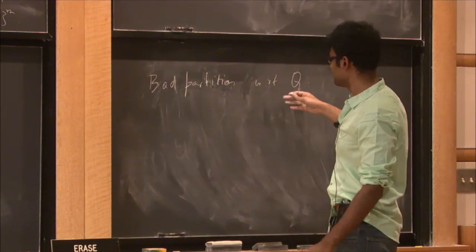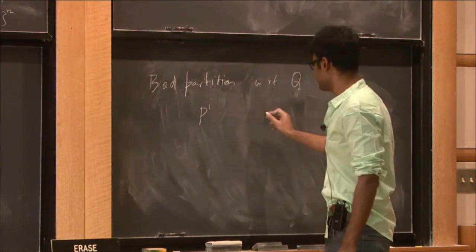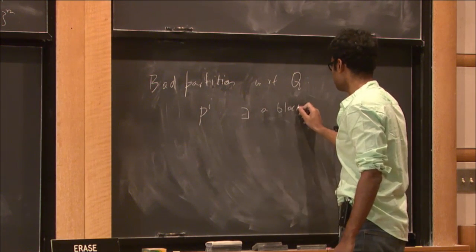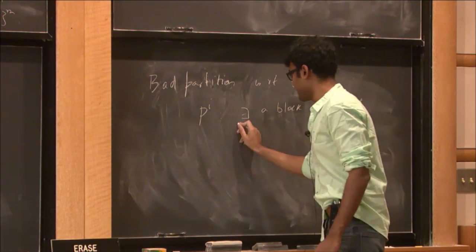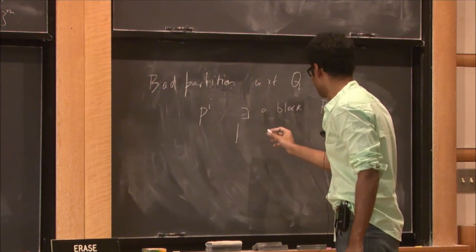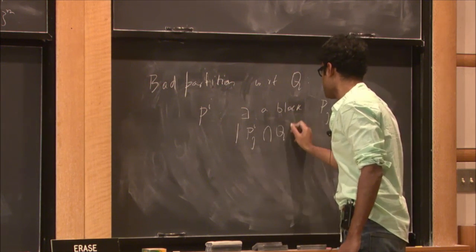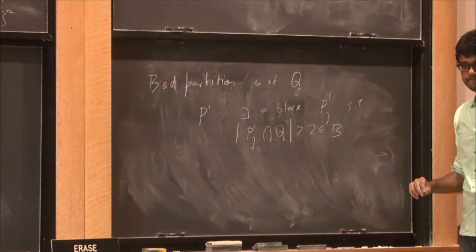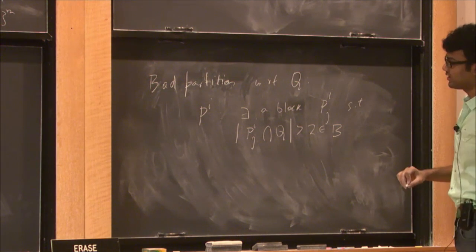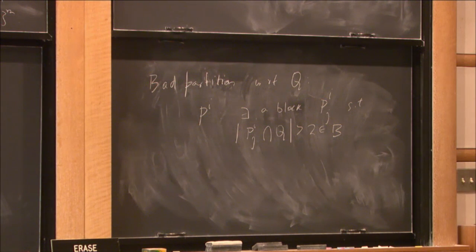A partition Pi is bad with respect to Q if there exists a block Pij such that this block has a significantly large intersection with Q. We actually expect this intersection size to be constant in expectation, because it's n to the delta over 10, and this is n to the 1 minus delta.